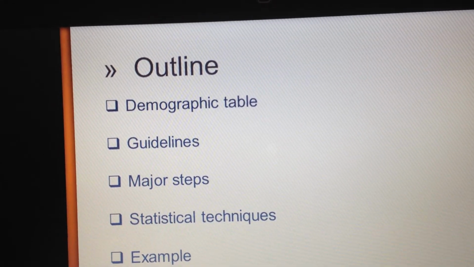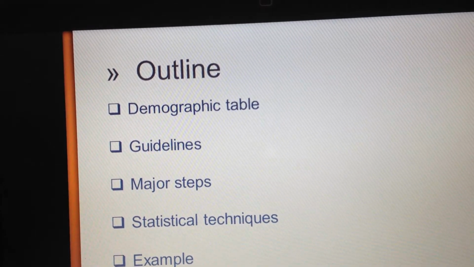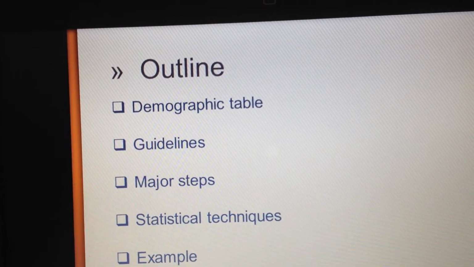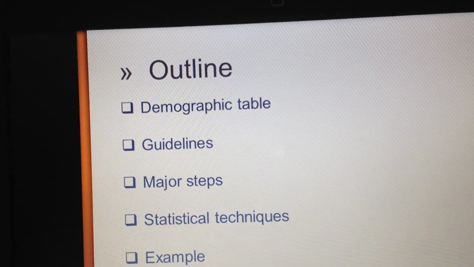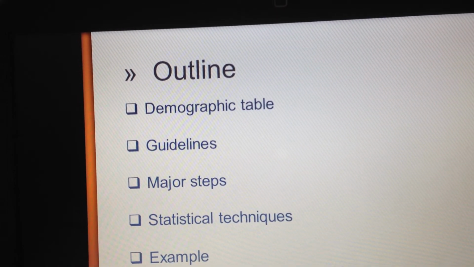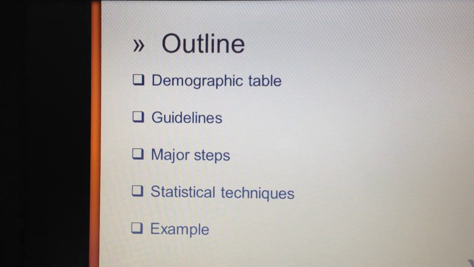After that, we will look at the major steps as well as the frequently used statistical techniques to make the table. And in the end, I will show you an example of demographic TLF, which is actually the first one that I made myself.